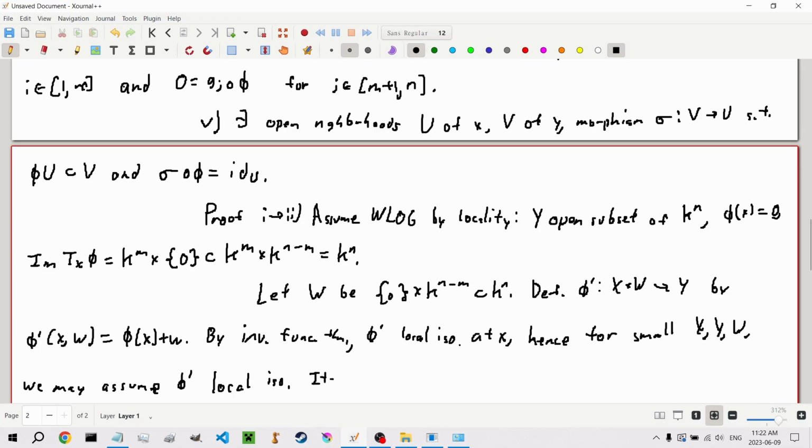Its inverse, which we can call C, satisfies the desired conditions.